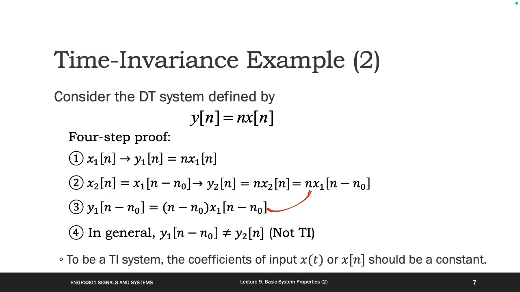So the coefficient should be a constant, like 1, 2, 3, 4, but now it is n. Do you know why?